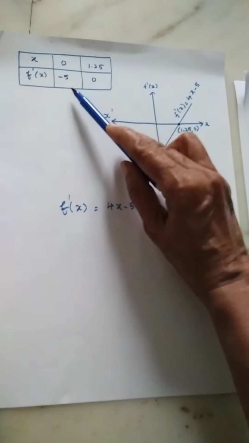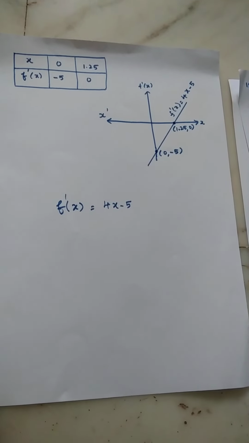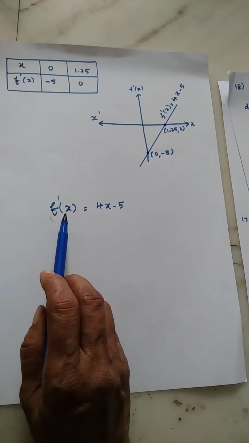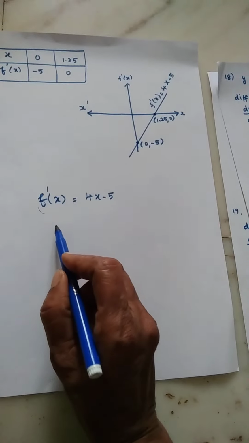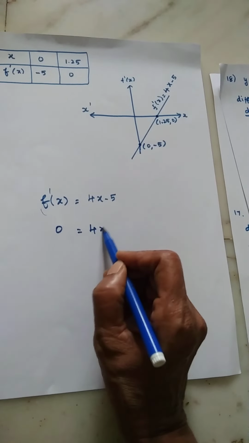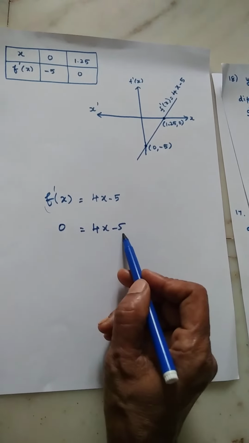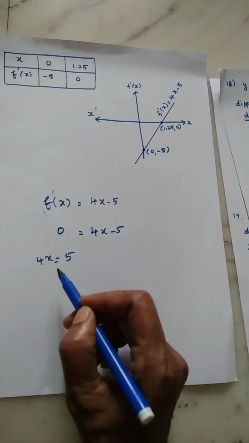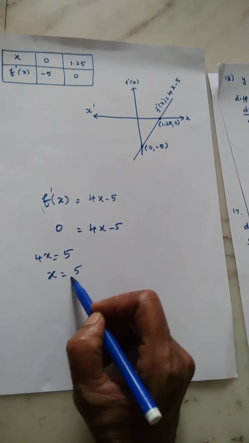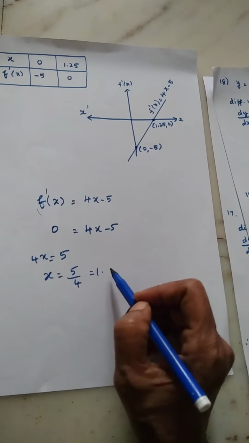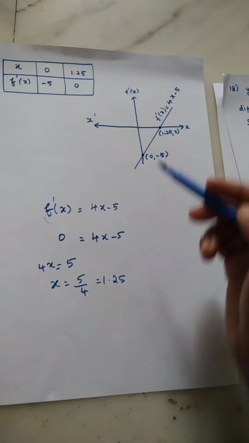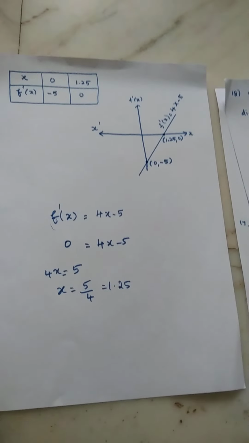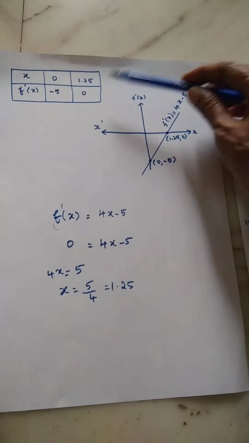So for x equal to 0, f dash of x is minus 5. Then second one, put f dash of x equal to 0. So 0 equal to 4x minus 5. Taking 5 to the left hand side, 5 equal to 4x, or x is equal to 5 by 4, which is 1.25. So when f dash of x equal to 0, x is 1.25.